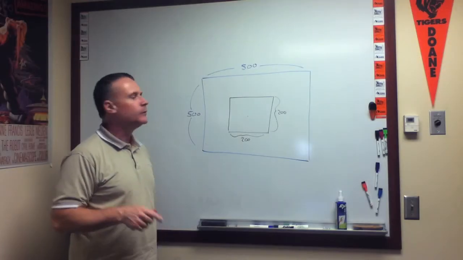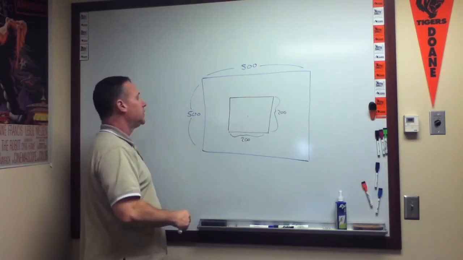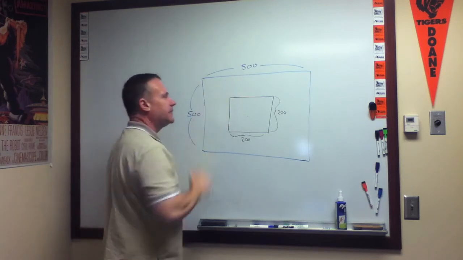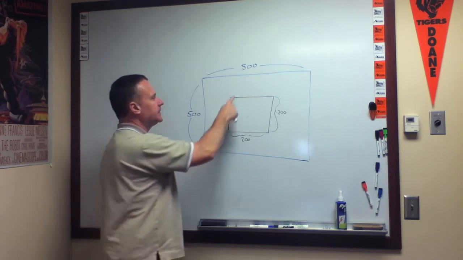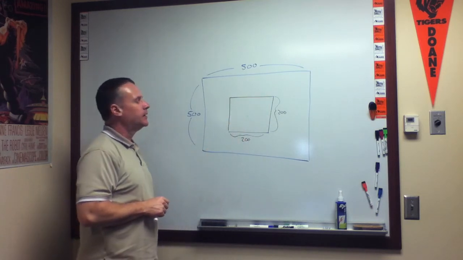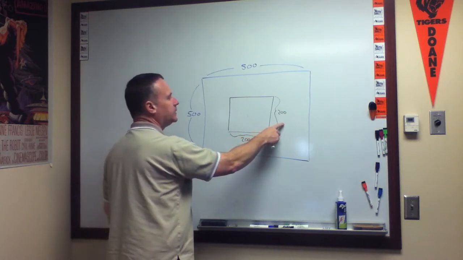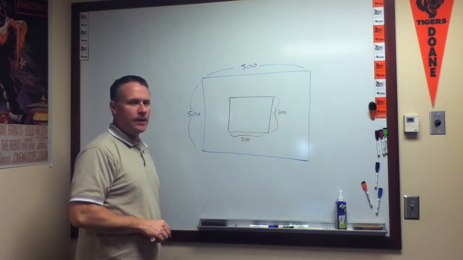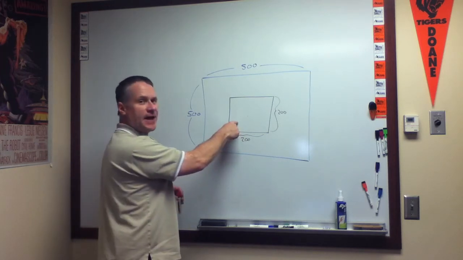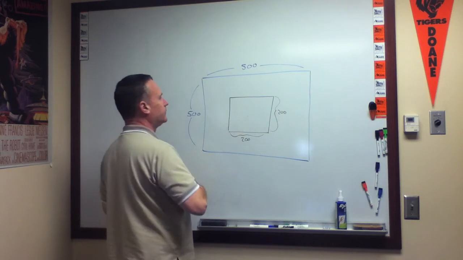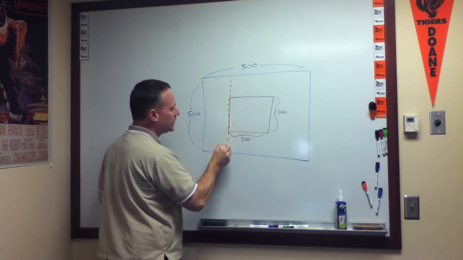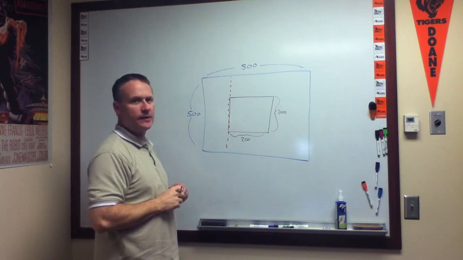For this example, we're going to have something like this. We'll have our whole display window, which is in blue, and let's just say it's 500 by 500 pixels. And then in the center, we have our box, or square, and let's say that it's 200 by 200. So what we have to think about is if the mouse pointer is inside the box, it has to be somewhere to the right of that line.